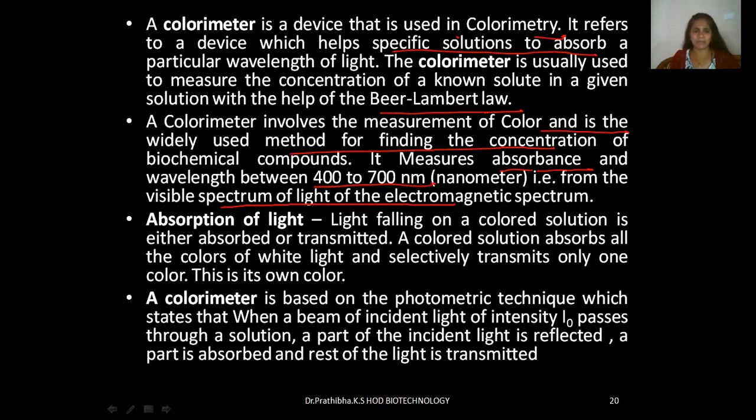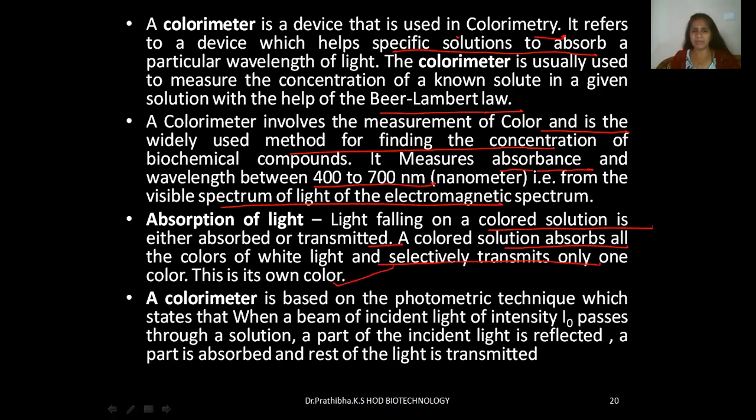electromagnetic spectrum. Absorption of light falling on a colored solution is either observed or transmitted. A colored solution absorbs all the colors of white light and selectively transmits only one color. This is its own color.